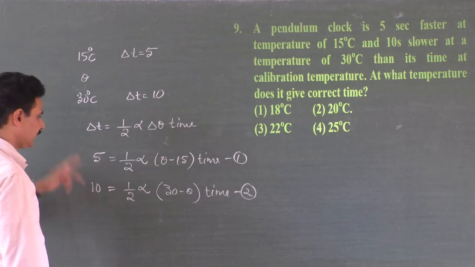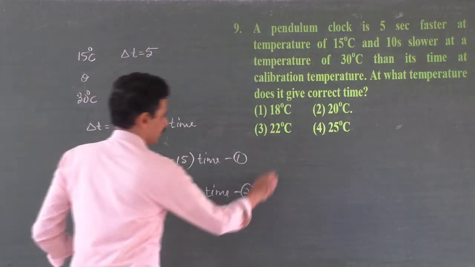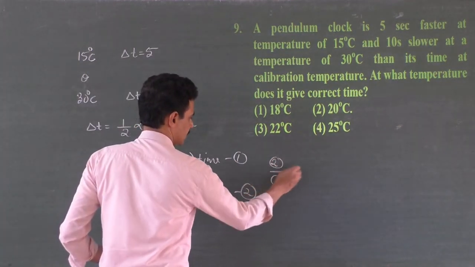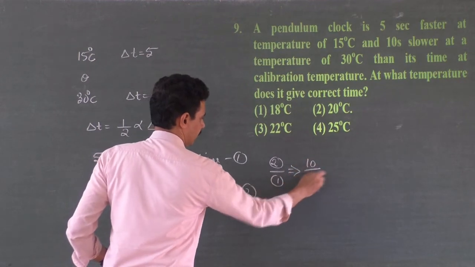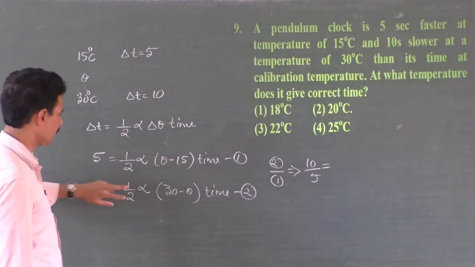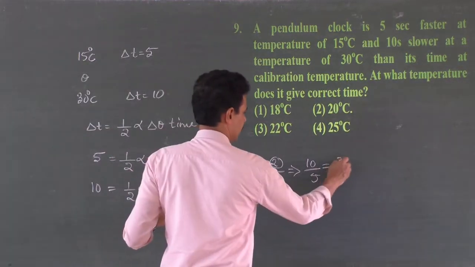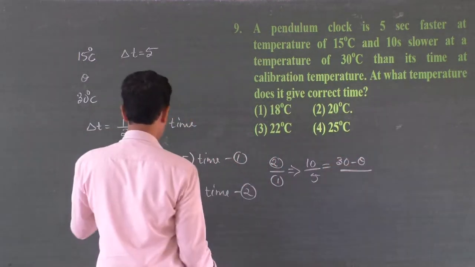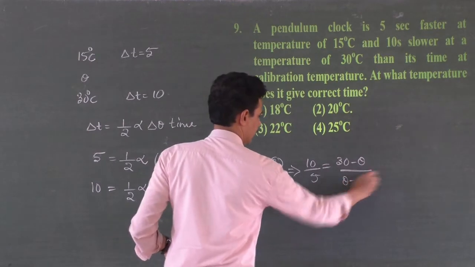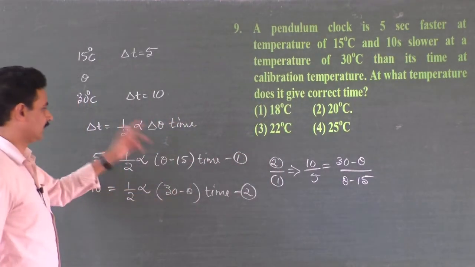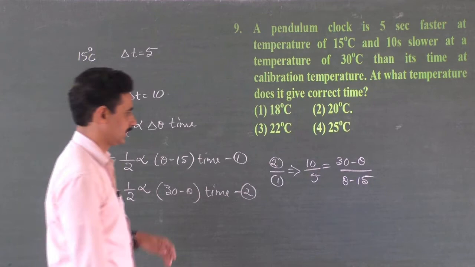Equation 2 divided by equation 1 gives 10 by 5 is equal to 30 minus theta divided by theta minus 15.